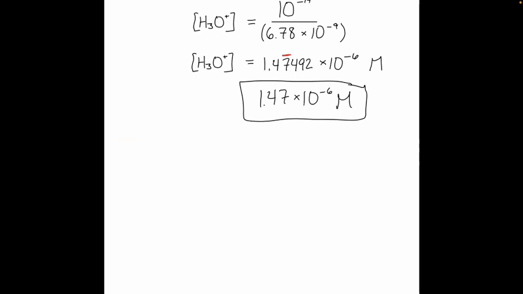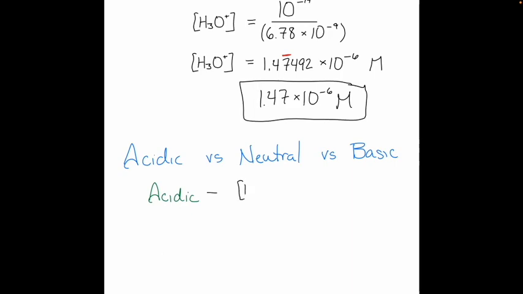Real quick, let's talk about solutions that are classified as acidic versus neutral versus basic. It has everything to do with these concentrations that we just calculated here. What it means to be acidic is that the concentration of hydronium is greater than the concentration of hydroxide.